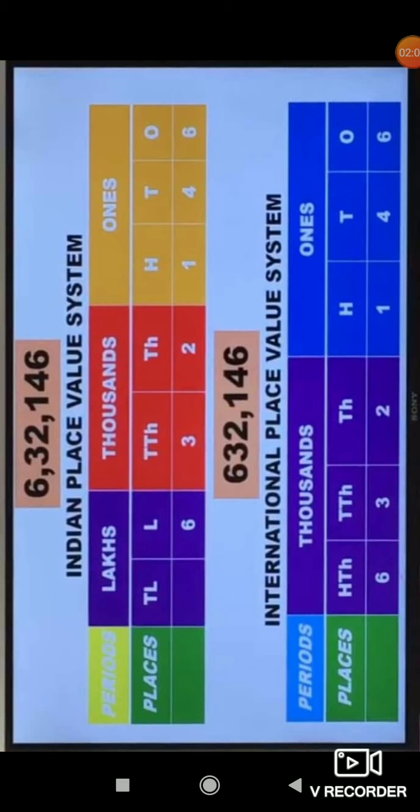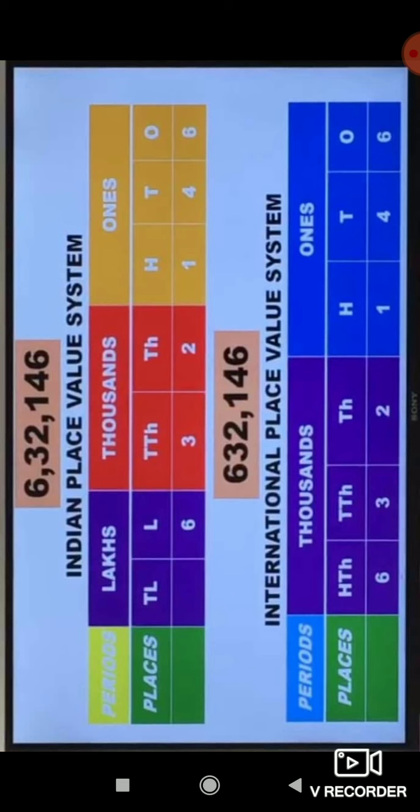In this way, every 3 digits form one group, that is ones, thousands, millions. Let us know the difference between writing in the international system of numeration and the Indian system of numeration by drawing a place value chart for both.